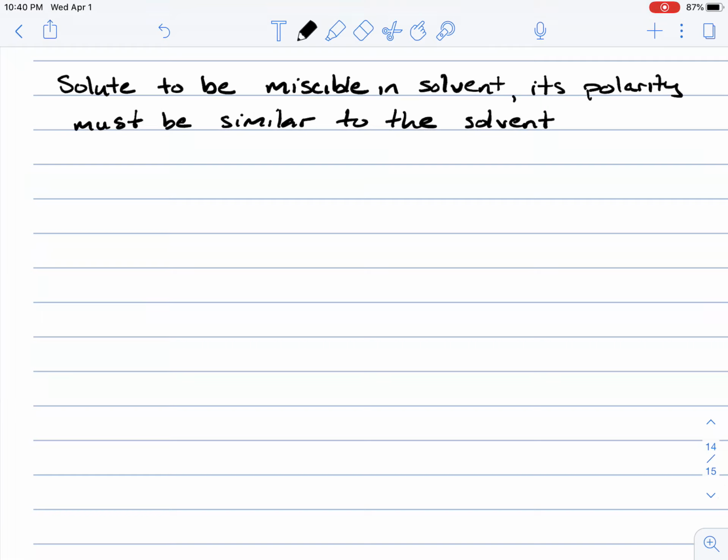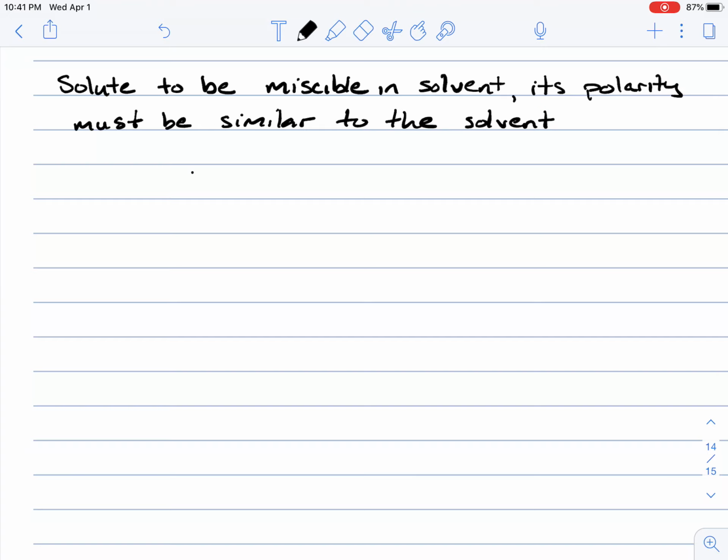However, if your solute has the opposite polarity of its solvent, in other words, if the solvent is polar and the solute is nonpolar, then it shouldn't surprise us to see a heterogeneous solution form.